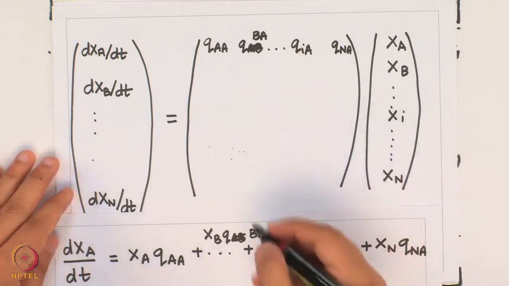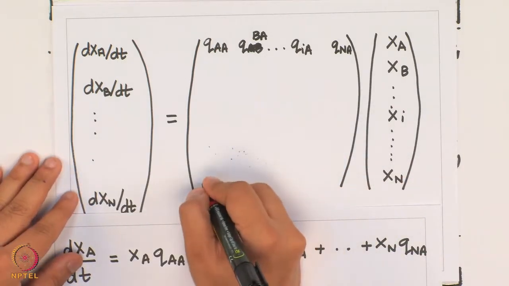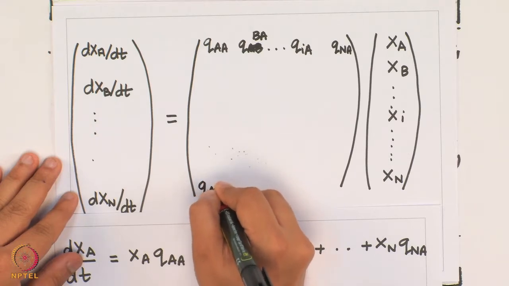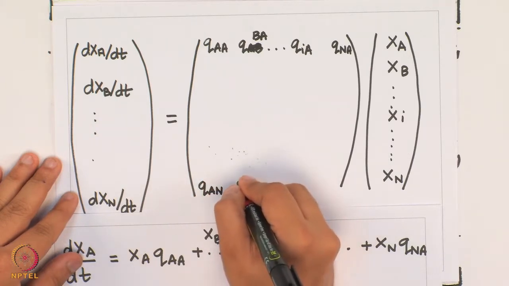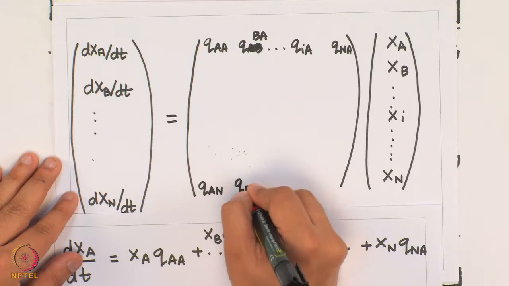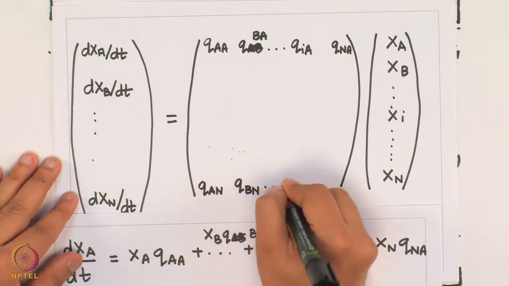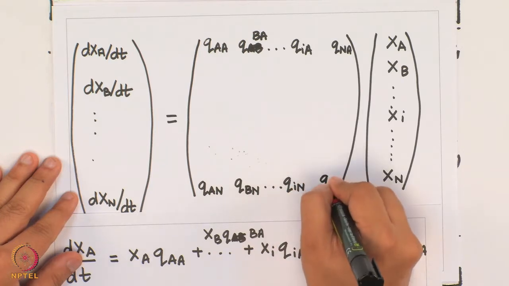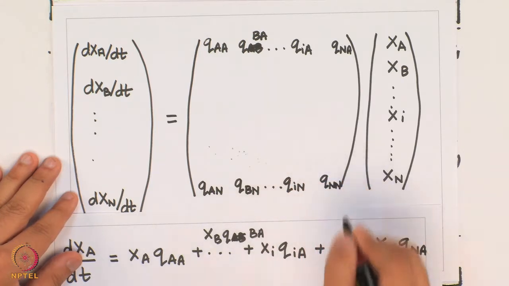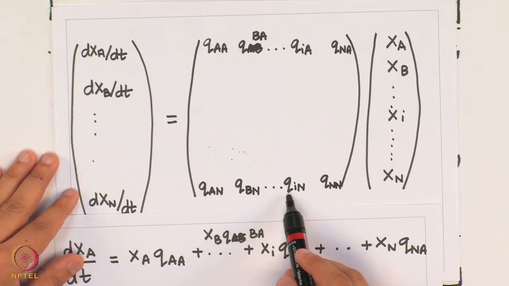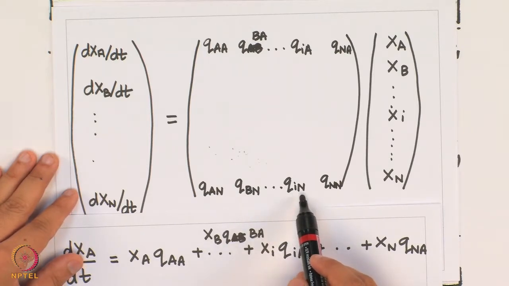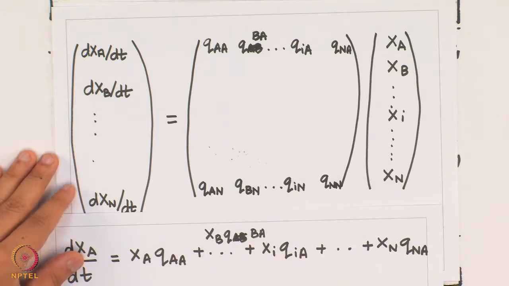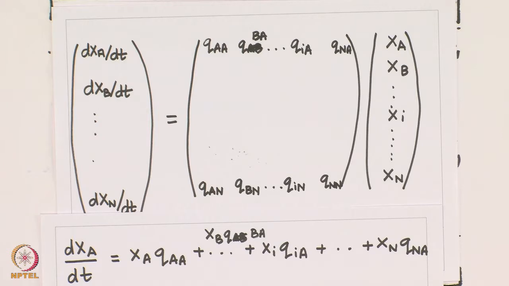Similarly, we can go on and we get the last row as QAN, QBN, QIN, QNN, which represents that whenever genotype I divides and leads to a progeny of genotype N, that's represented by the probability QIN.